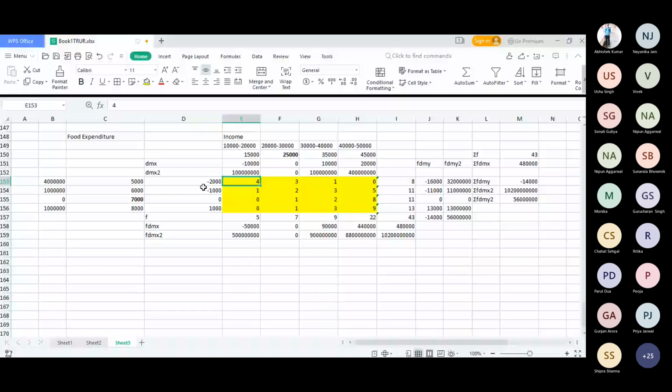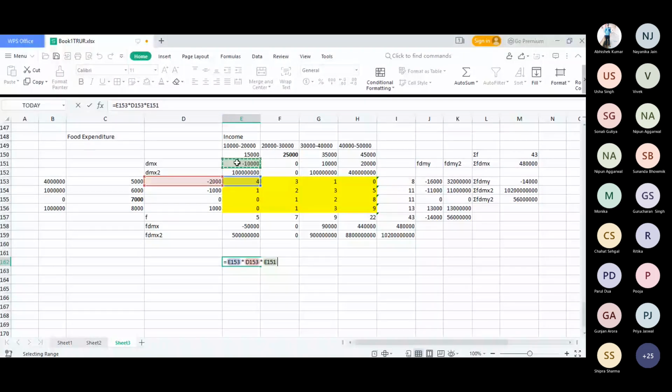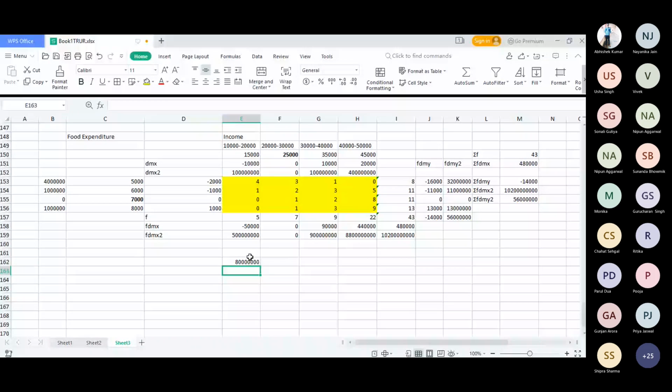This is your f, this is your dmy, and this is your dmx. So this will be the value of the first. Then if you do it this way, this becomes your f. In this way you can drag this, because this is your f, this is your dmx, and this is your dmy. Fine. So in this way we can calculate.